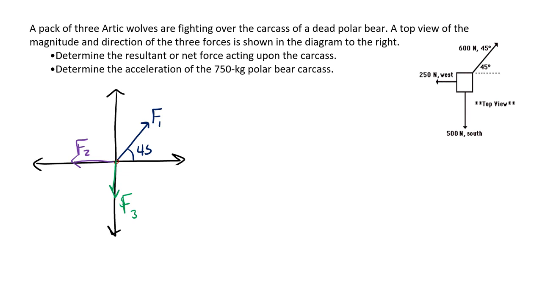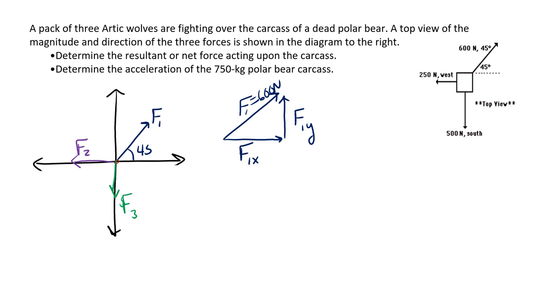So I could just look at this problem and break force 1 down as its own triangle. I know the length of the hypotenuse is 600 newtons. There's going to be an x component for force 1 and a y component for force 1. I can use the subnotations F sub 1x and F sub 1y.